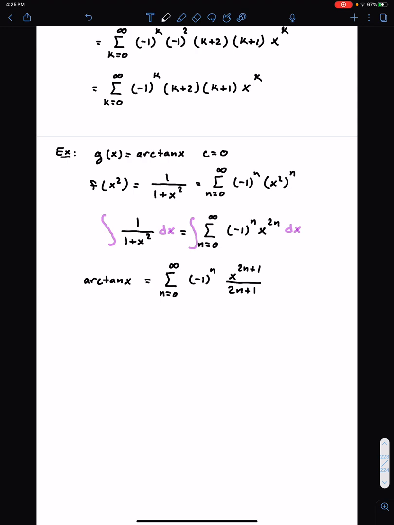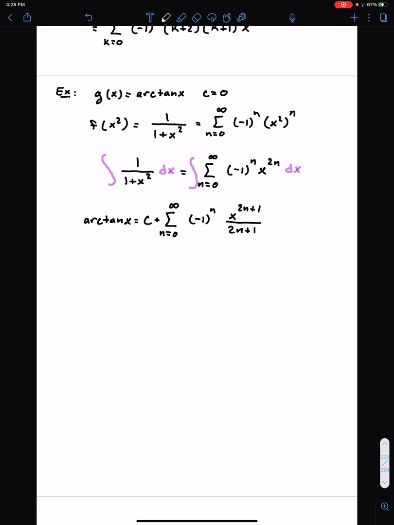There's a constant on the left side. There's a constant on the right side. I'll rewrite it so both of them combine to make one constant. And I'll put the constant in front of the sigma. So now, if x is equal to 0, the left side turns into the arctangent of 0 is equal to the constant plus all those terms are going to zero out.